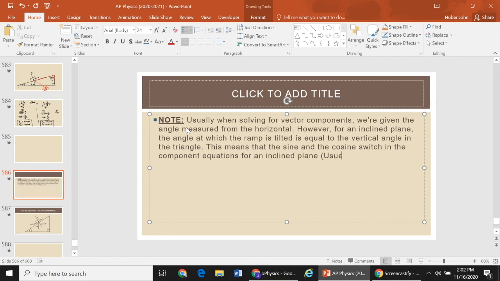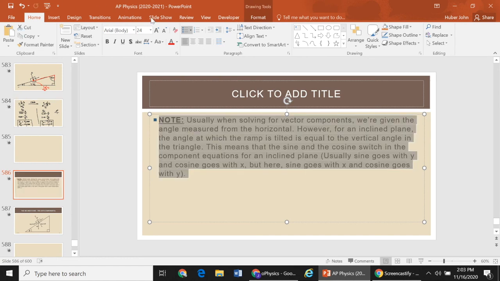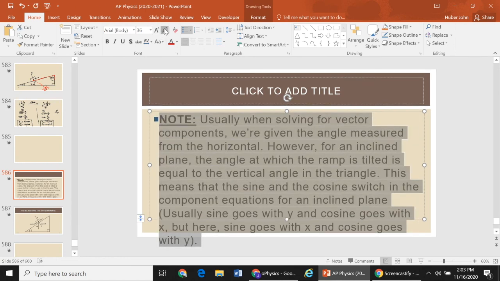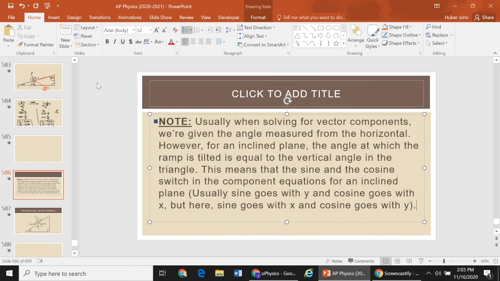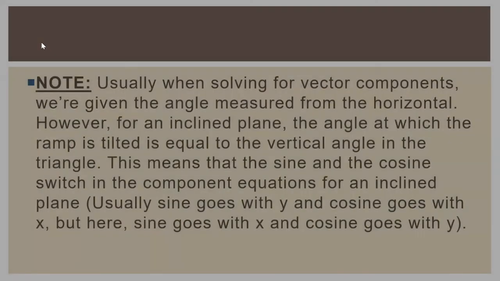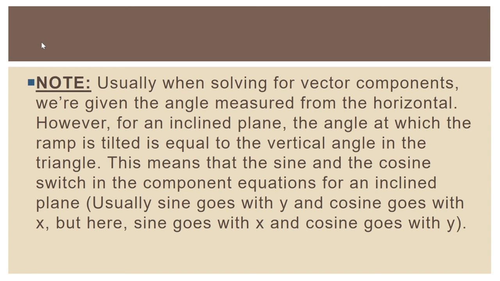And in parentheses, usually sine goes with y and cosine goes with x, but here sine goes with x and cosine goes with y. This is super important. So take a second to pause this video here and write that down. And when you hit play, we'll take a look at how we can actually use this stuff to solve problems.